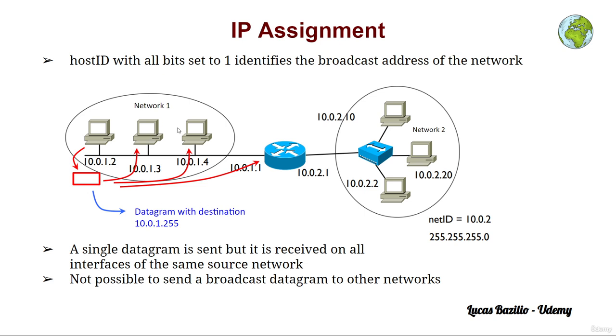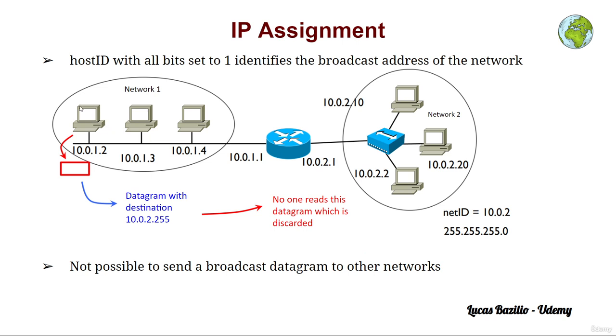Now, for instance, imagine that we try to send from this host with IP address 10.0.1.2, which is connected to network 1 because we know that it starts with 10.0.1. We send a datagram with destination the broadcast address of network 2. Keep in mind that this broadcast address is the net ID of network 2, which is 10.0.2, and then all of the bits of the host ID set to 1. In 8 bits, this is the decimal value 255.